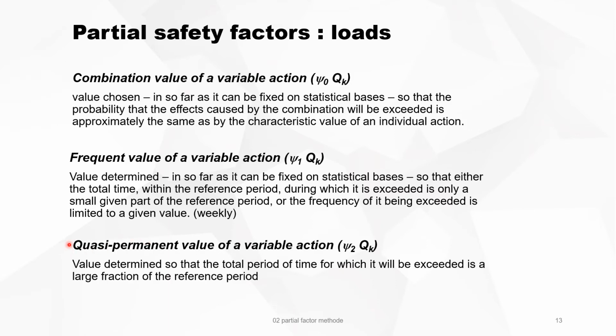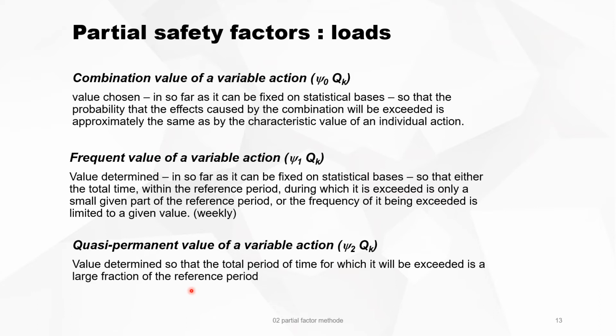And then you have the quasi-permanent value of a variable action. It's a value determined so that the total period of time for which it will be exceeded is a large fraction of the reference period. So we must think a little bit about that. You have a variable action, but each variable action is not the same.